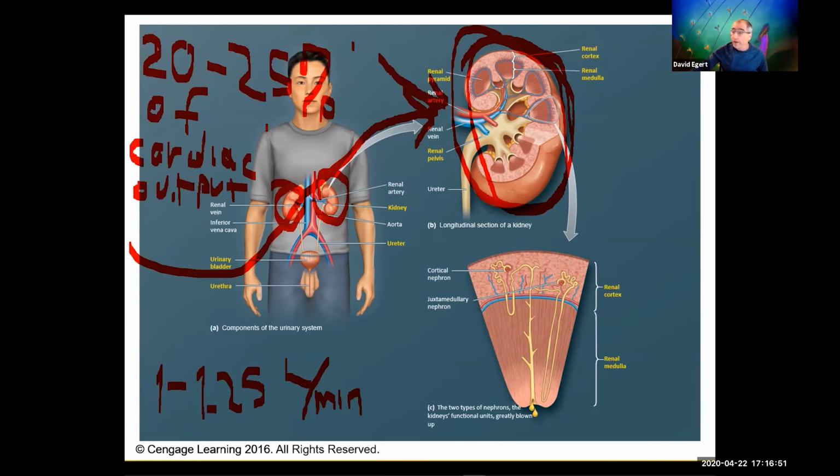And we'll come back to this number in a little bit when we go into the details of how the kidneys work. But you've got about 1 to 1.25 liters per minute entering into the kidneys. So it's a huge amount, up to 1/5 of your overall blood flow is just coursing through the kidneys.